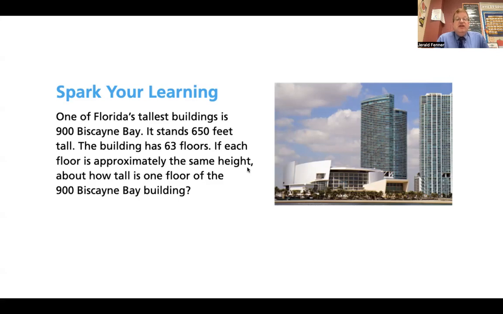It stands 650 feet tall. The building has 64 floors. If each floor is approximately the same height, about how tall is one floor of the 900 Biscayne Bay building?